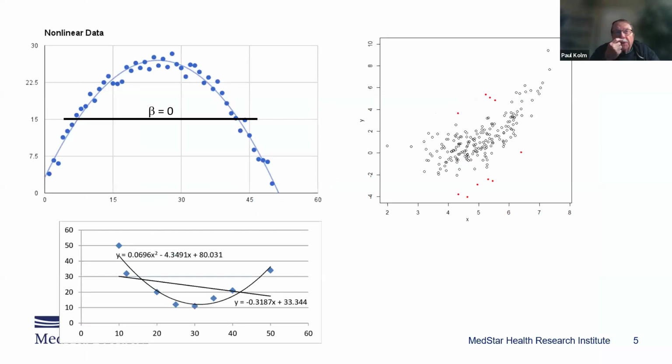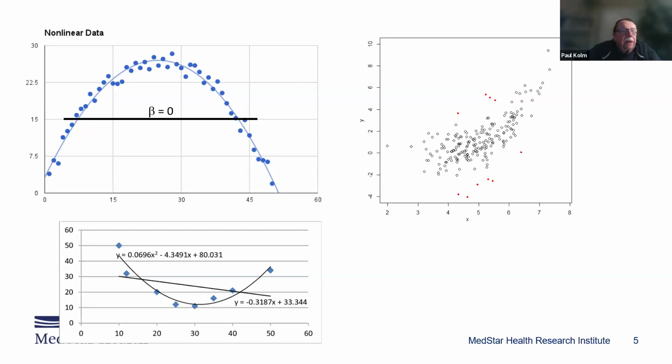But we may have the situation where we have a relationship that is nonlinear. If we look at the first graph on the left-hand side, you can see that if we did a linear model for that, our regression coefficient would be virtually 0. But of course, that doesn't mean that there isn't a relationship there. It's just that it's a nonlinear relationship.